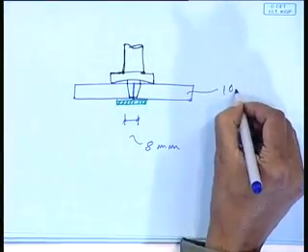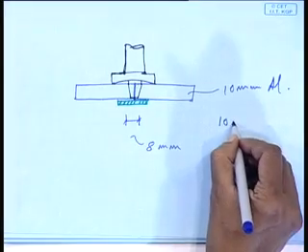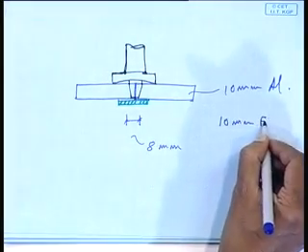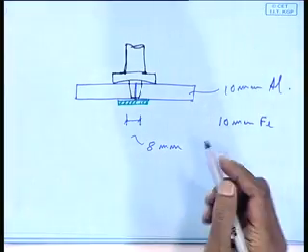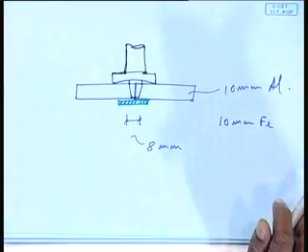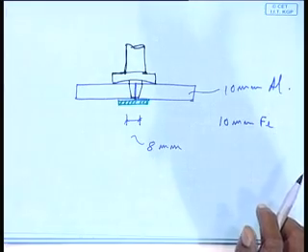Or think of 10 millimeter aluminum. Now, assume you are welding 10 millimeter steel, it can be different altogether, because steel is much stronger, much harder than aluminum, right.